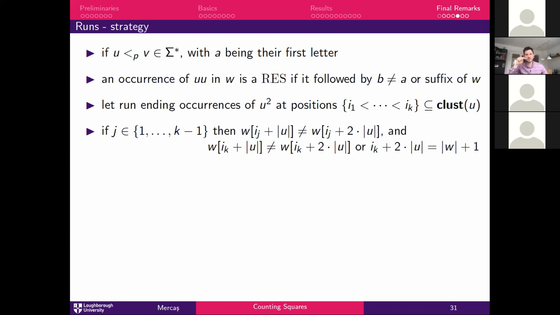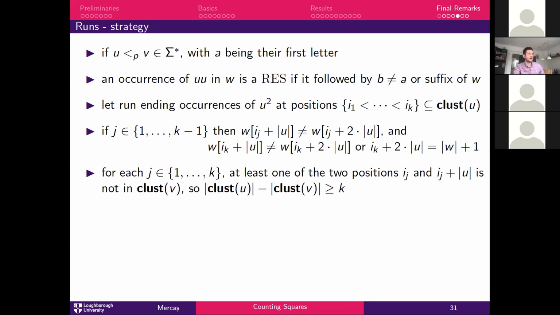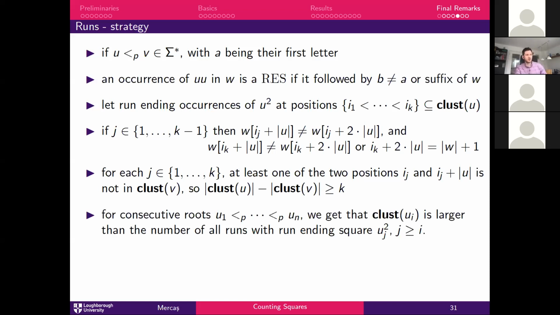Hence, when you're looking at two different run ending squares, U and V, you will have that the difference between U and V is going to be at least K, where K is the number of run ending squares that you have. So that's actually quite a nice observation, and this gives you the runs result for a cluster, for a chain, quite easily.